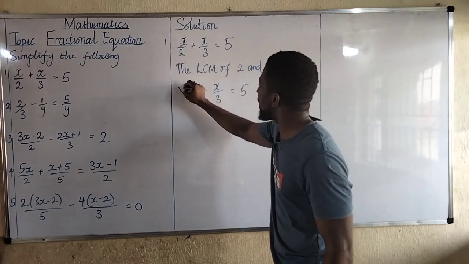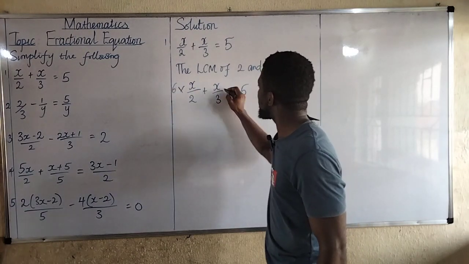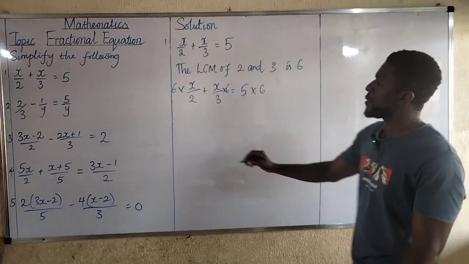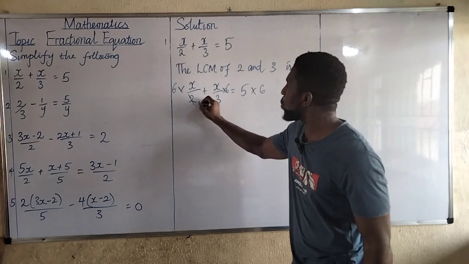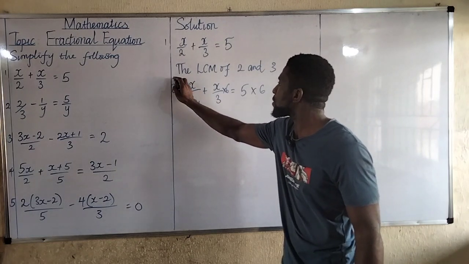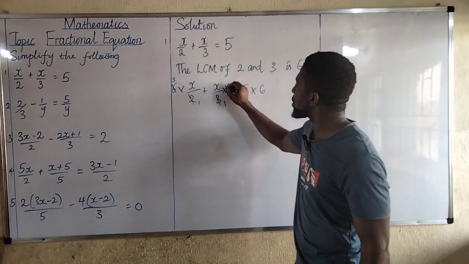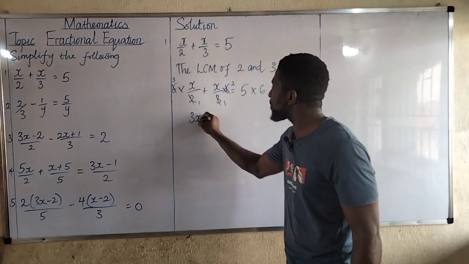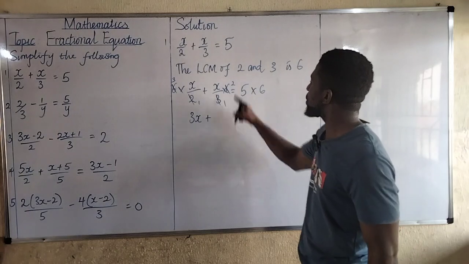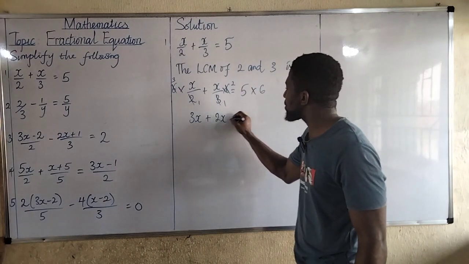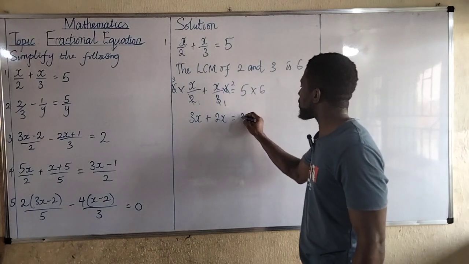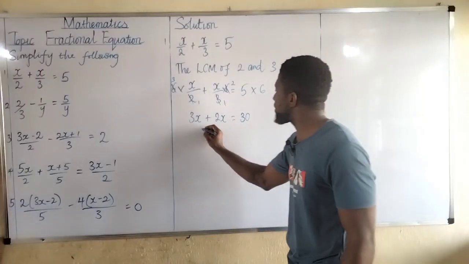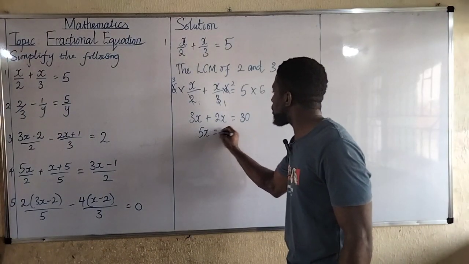Multiply each term by 6. 2 into 6 gives 3, 3 into 6 gives 2. 3 times x is 3x, plus 2 times x is 2x. 5 times 6 gives 30. 3x plus 2x gives 5x, equal to 30.